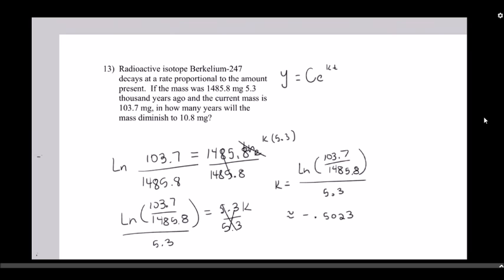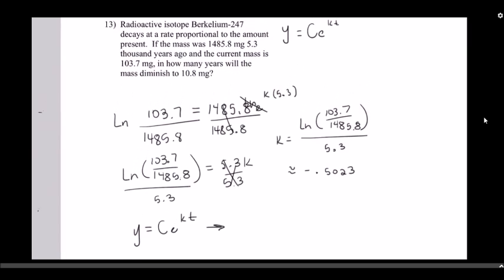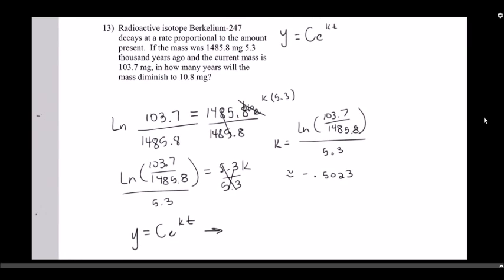So now that we have k, we can go back to this function. Okay, and it's asking in how many years will the mass diminish to 10.8?